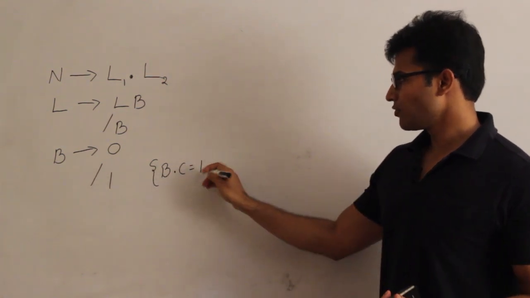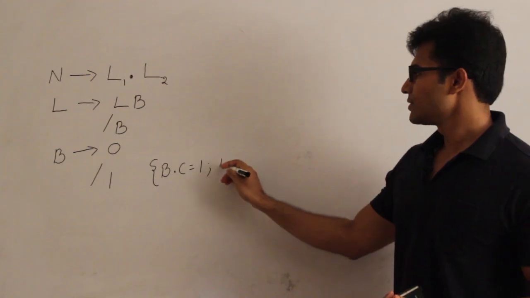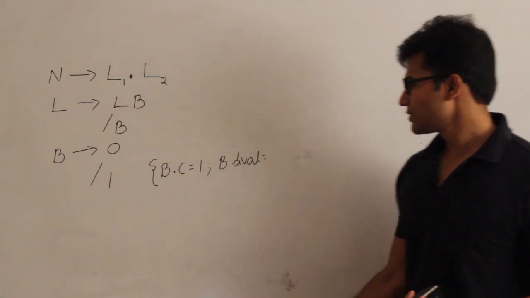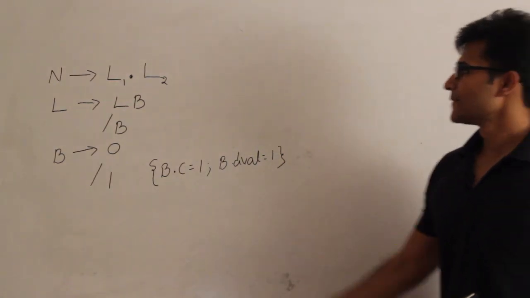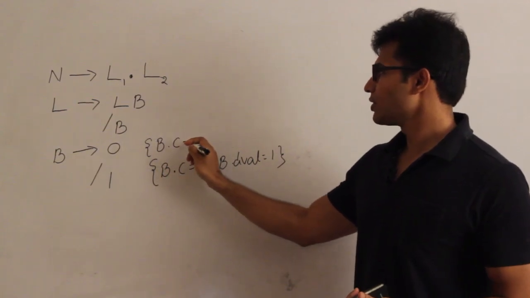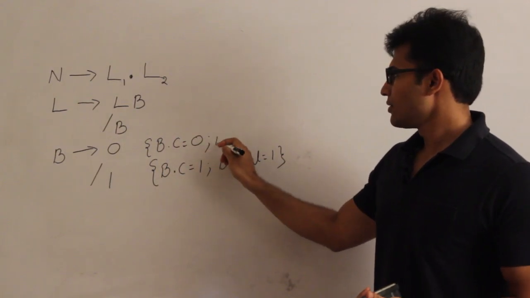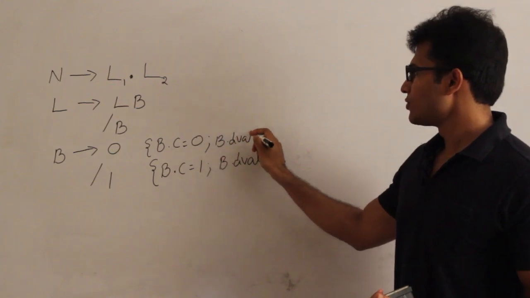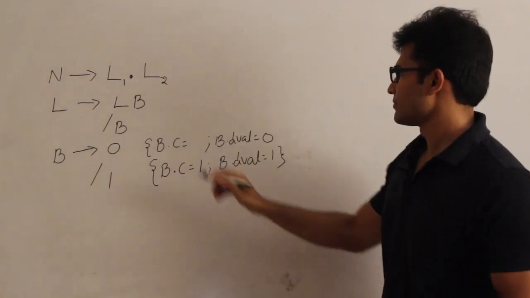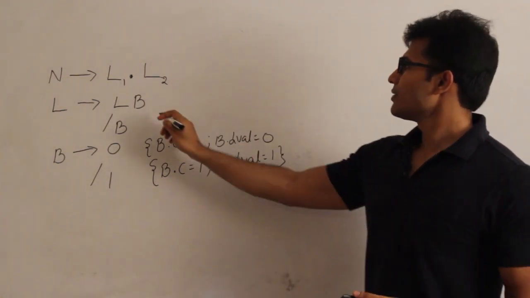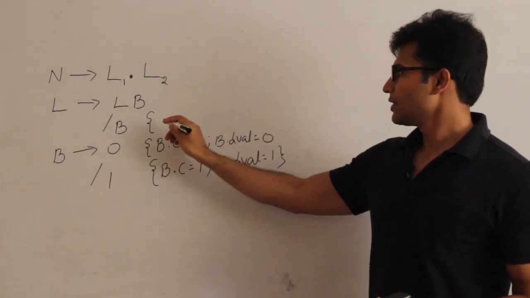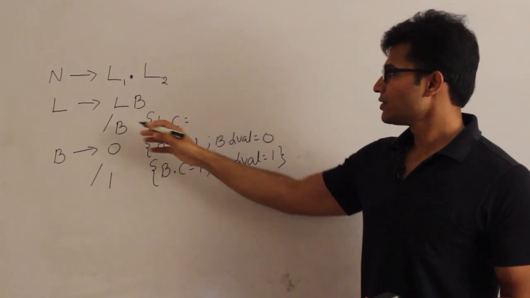There is only 1 bit, therefore count is 1, and B dot decimal value, if there is only 1, is simply 1. And if B derives 0, in this case also B dot count equals 1, and B dot decimal value equals 0. Sorry, B dot count equals 1. Why? Because there is 1 bit. And if the list is simply 1 bit, then list dot count is directly 1.